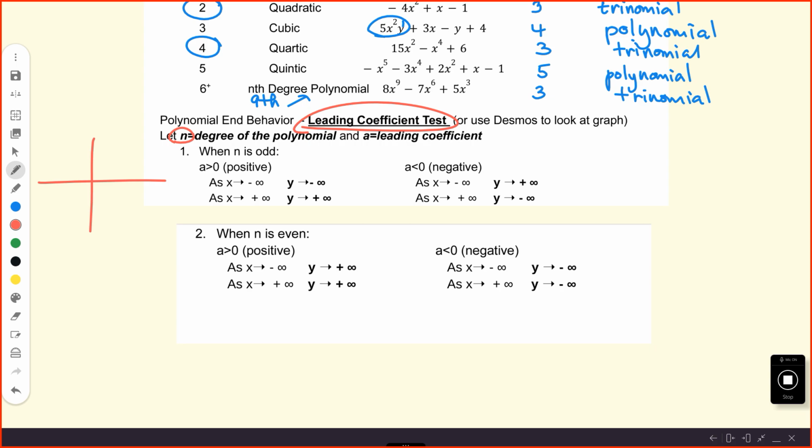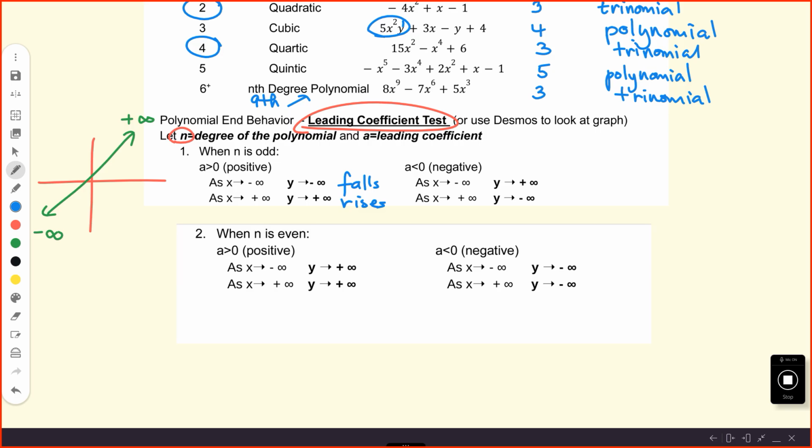So if this is odd positive, think of that as an increasing graph. At the left side, it falls, so it goes to negative infinity. And at the right side, it rises, so it goes to positive infinity.